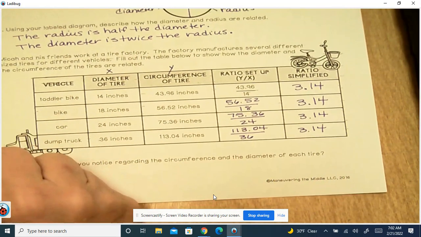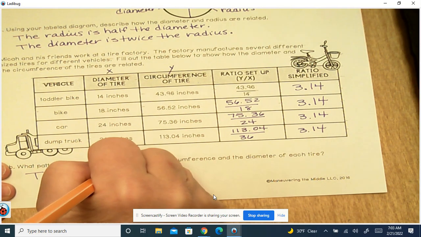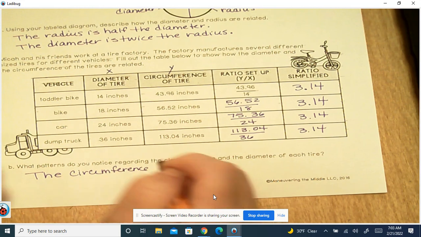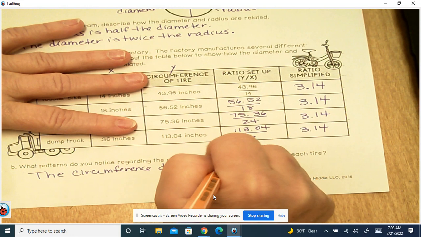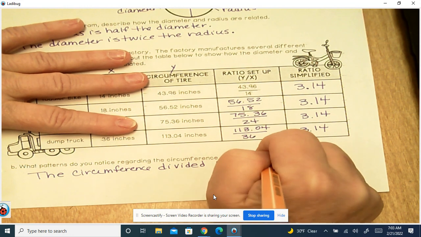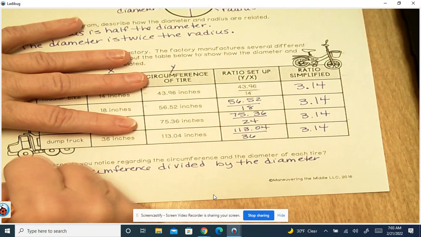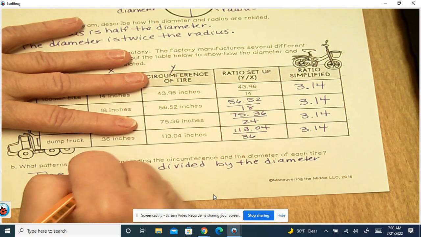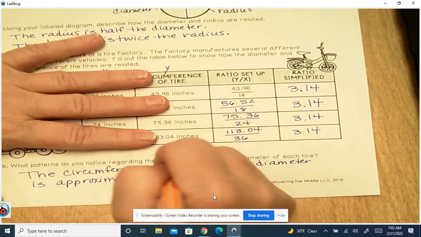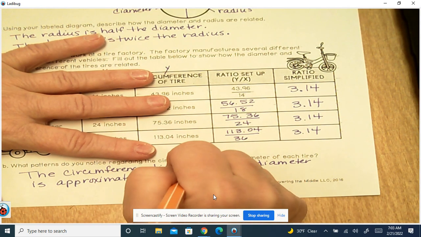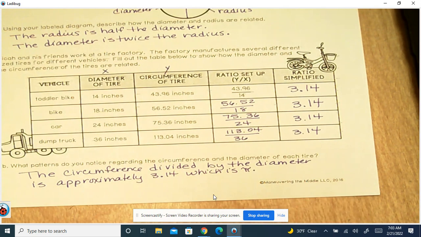What this is saying is the circumference divided by the diameter is approximately 3.14, which is pi.